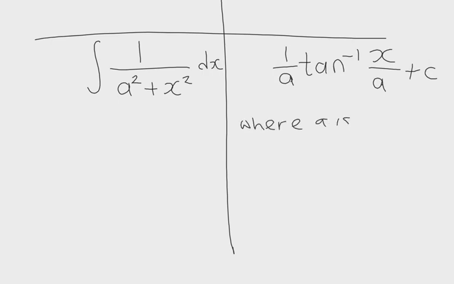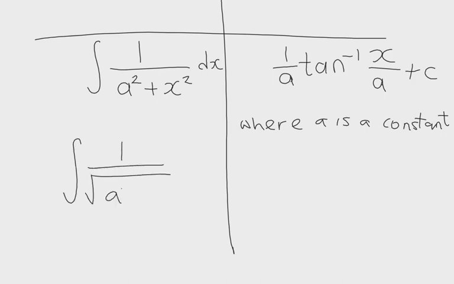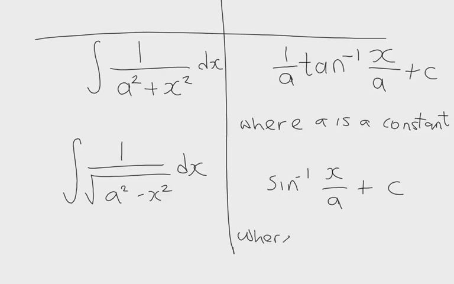Here a is a constant. And we can also have the integral of 1 over the square root of a squared minus x squared dx. That will be arc sine of x over a plus c. Here a is a constant.